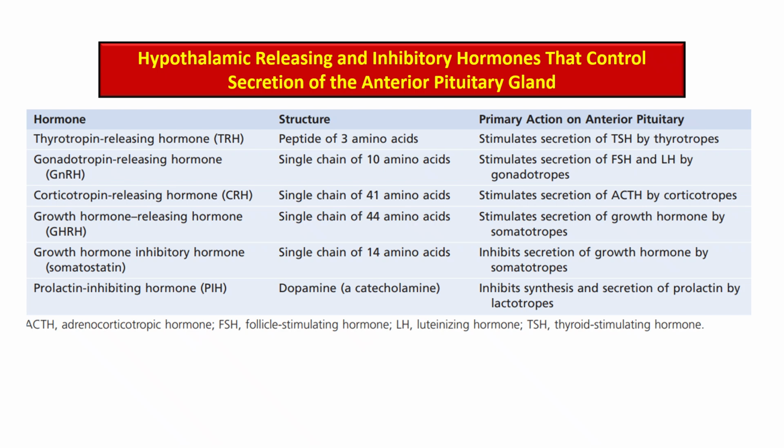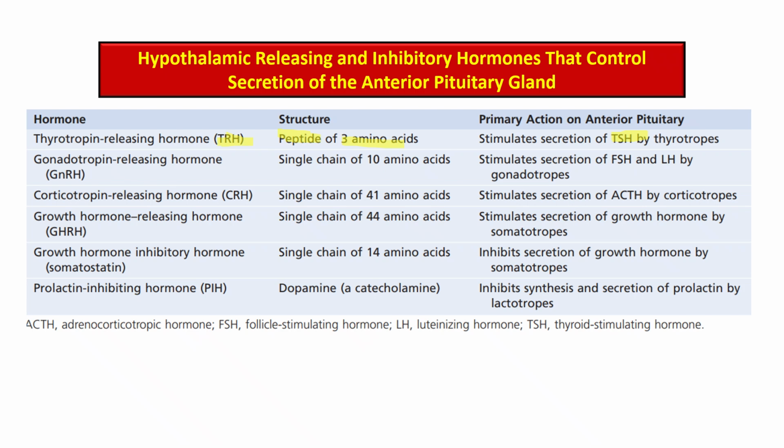This table is summarizing the hypothalamic releasing and inhibitory hormones that control the secretion of the anterior pituitary gland. The thyrotropin releasing hormone is a peptide of 3 amino acids only, and it stimulates the secretion of TSH by the thyrotropes.